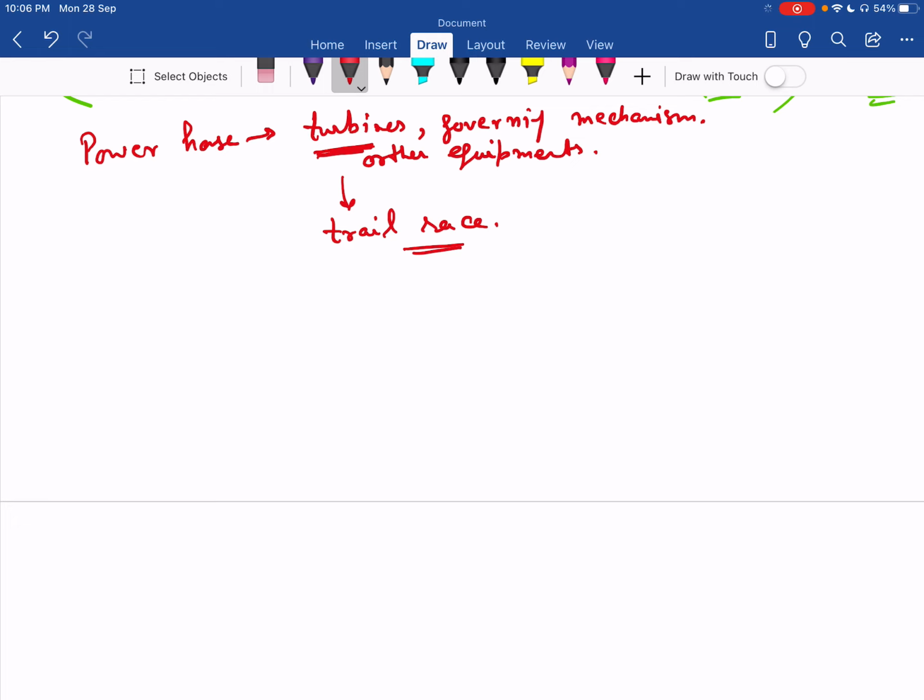The next topic is different types of turbines.